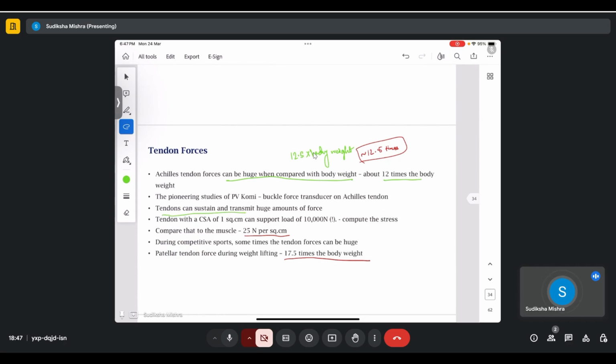And as we saw using multiple examples, tendons can sustain and transmit huge amounts of force.